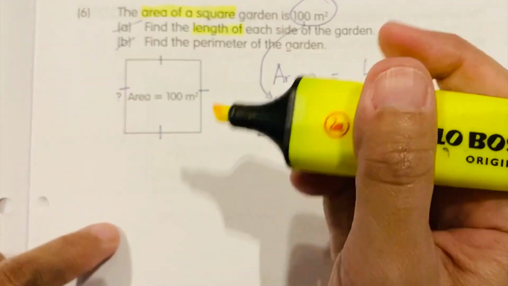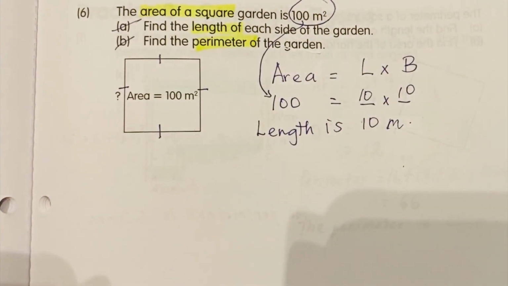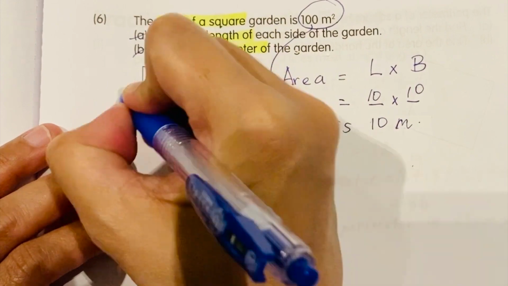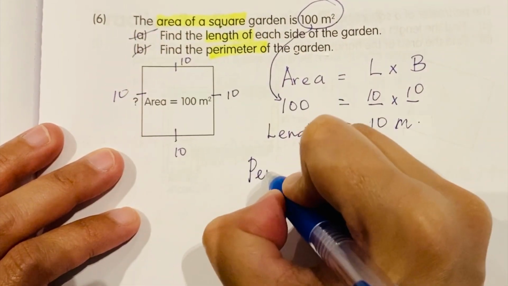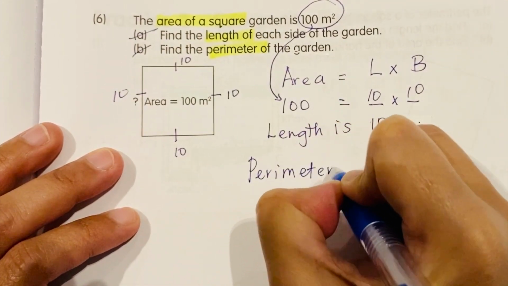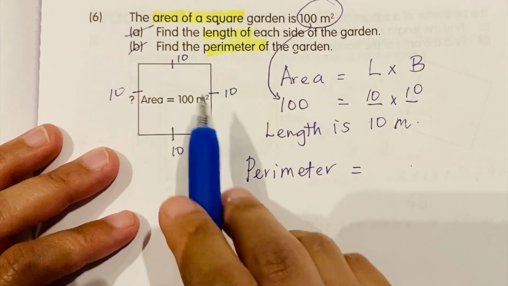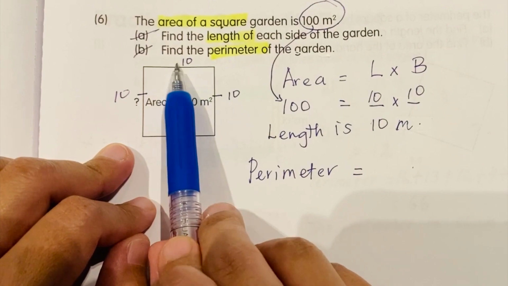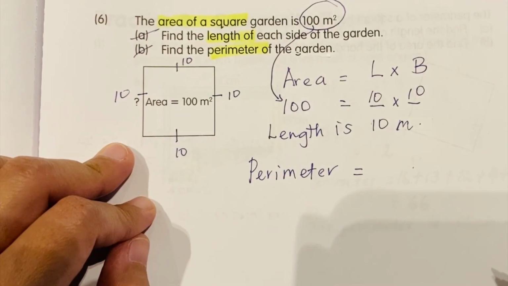Now, part B. Find the perimeter of the garden. So after finding, we have 10, 10, 10, 10. So you find the perimeter. What's the easiest way to get the perimeter of this garden? It's actually 10 times 4 sides.